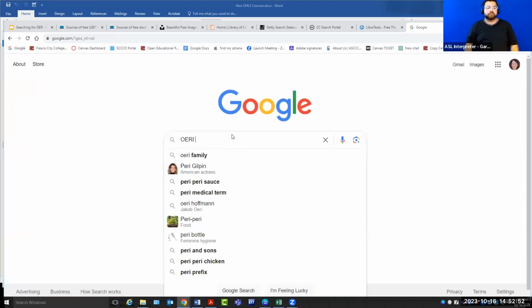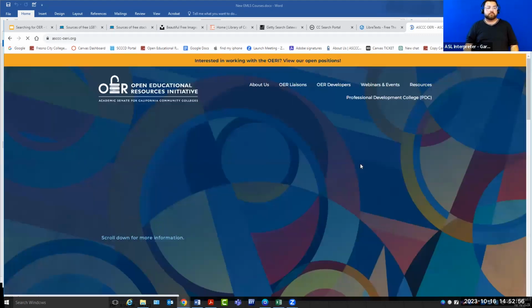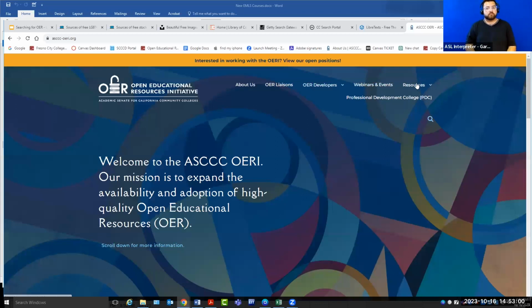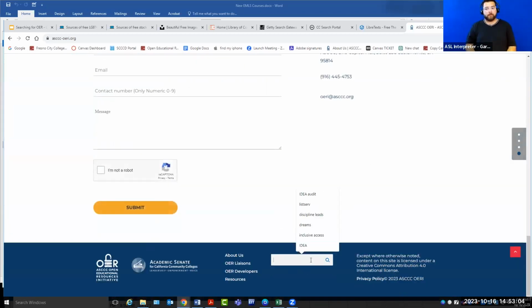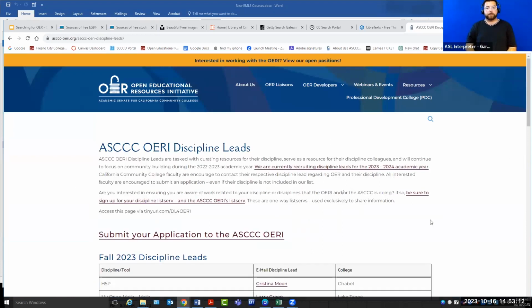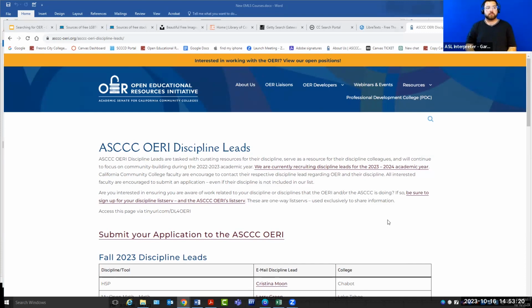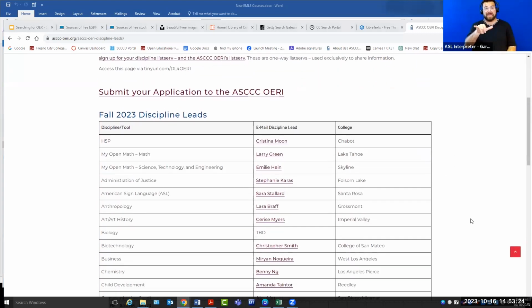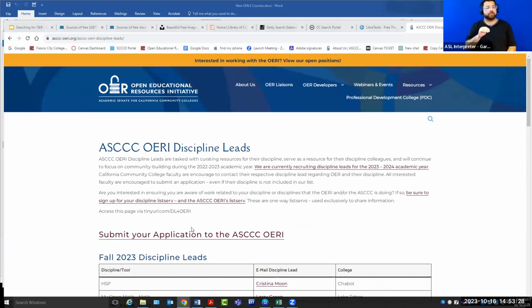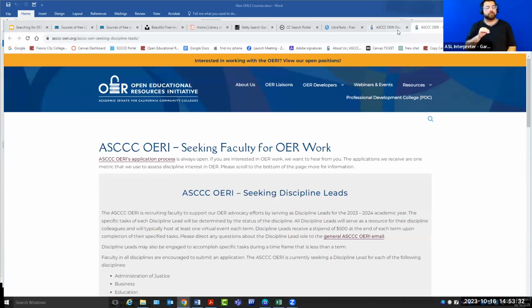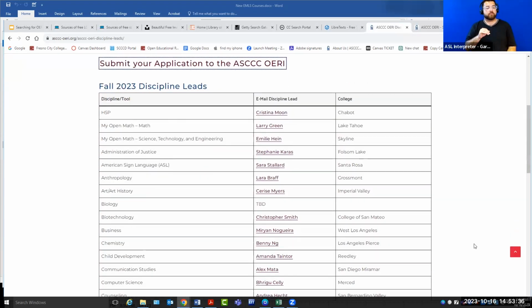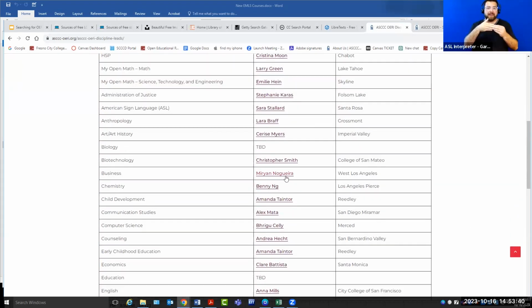Here we go. So open up the first little accordion thing where it says discipline leads, and then you can see for business, the discipline lead is an instructor from West Los Angeles, and they give their contact information.